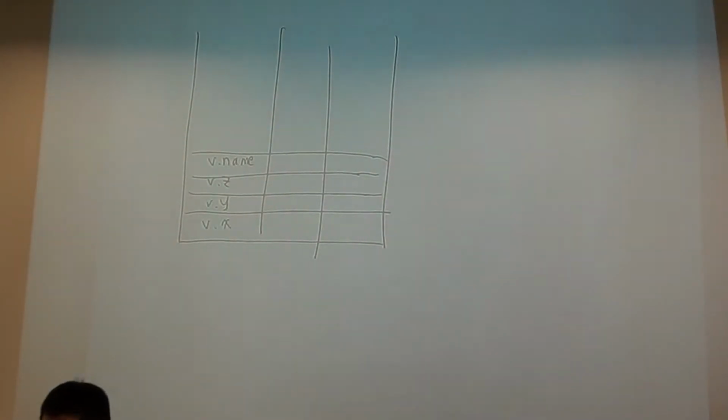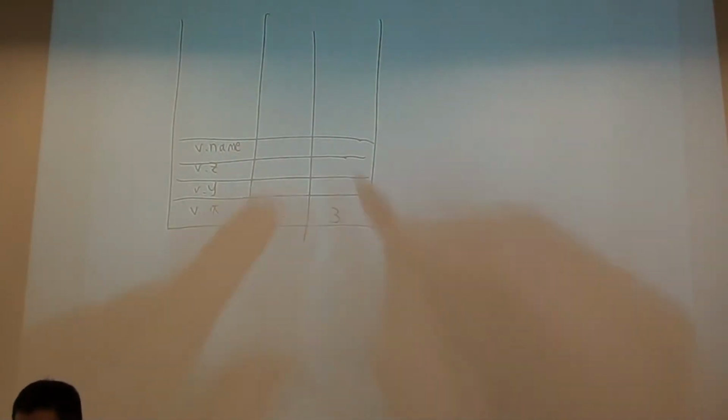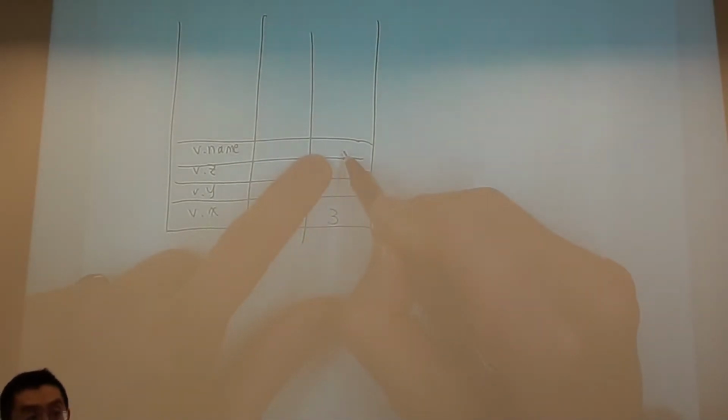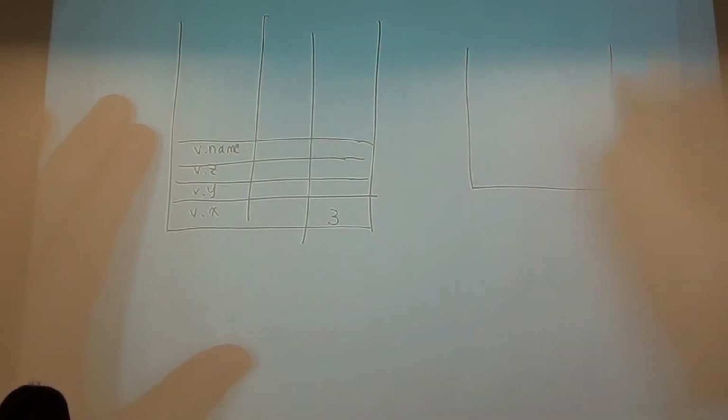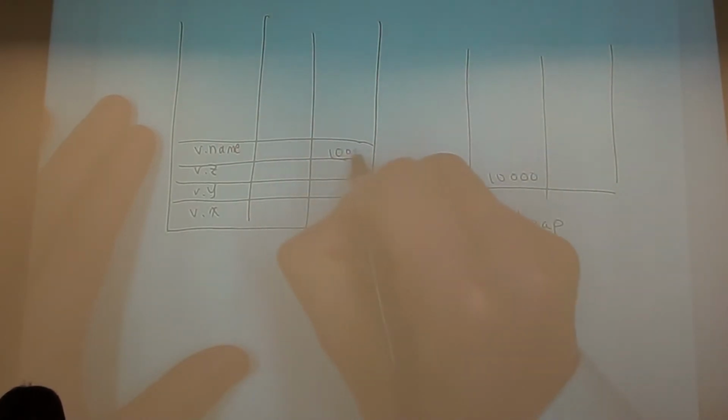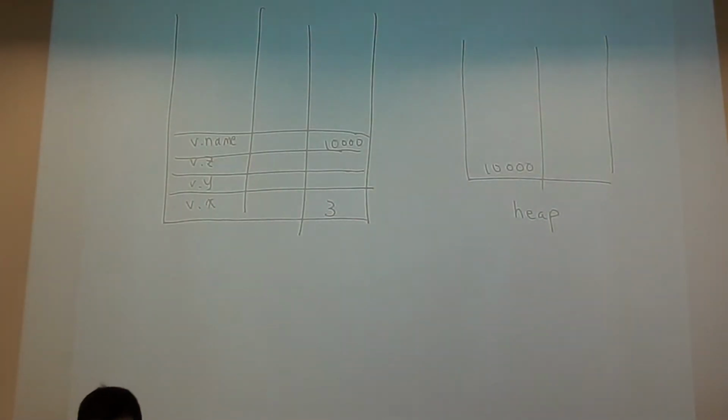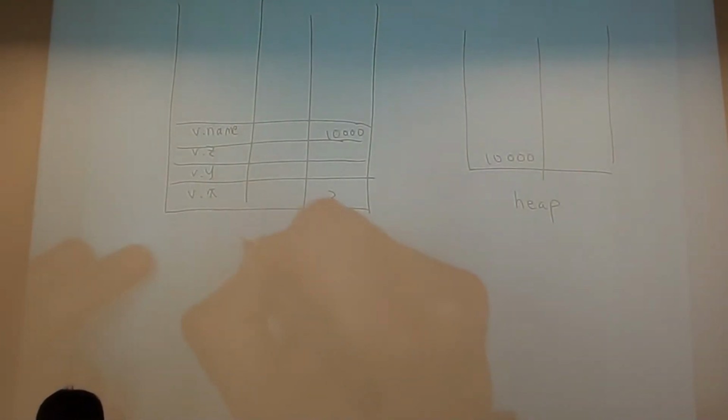That's in your call stack. And when you say v.x equals 3, you put 3 here. v.name is only a pointer, so this one will store an address. Once you say malloc, you create something in the heap. So let's say it's 100,000, so you put 100,000 there. This is the stack.